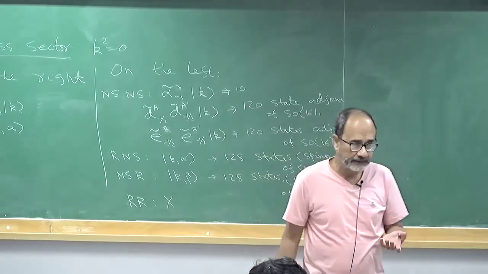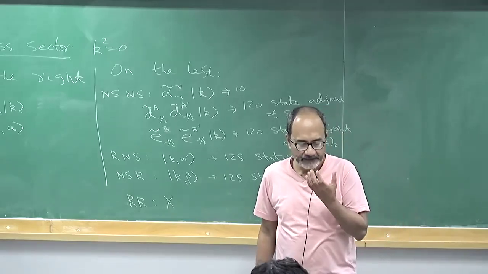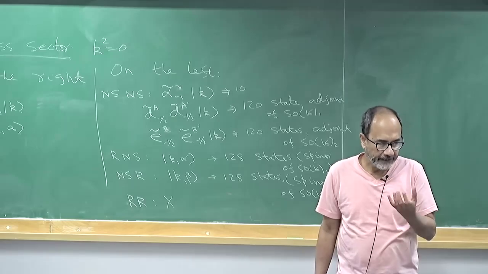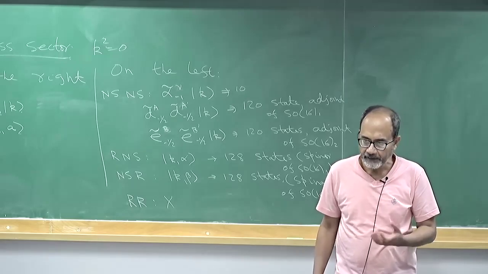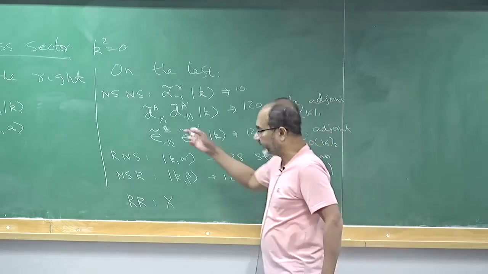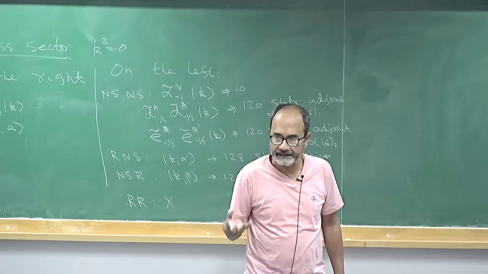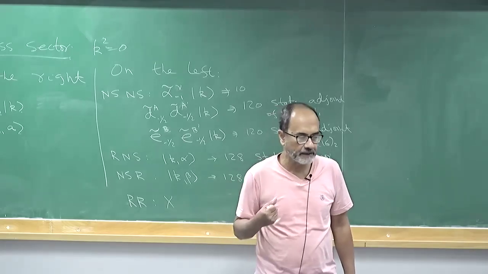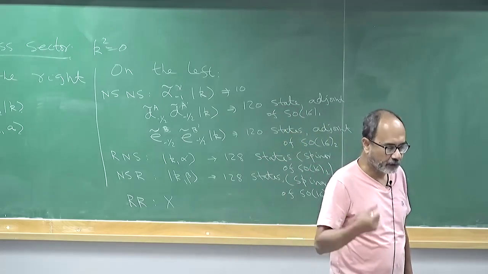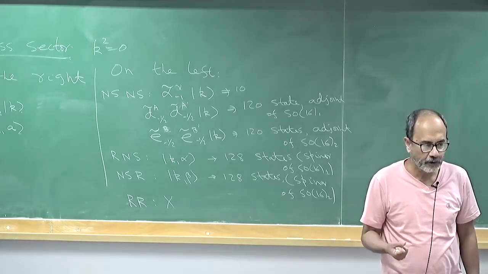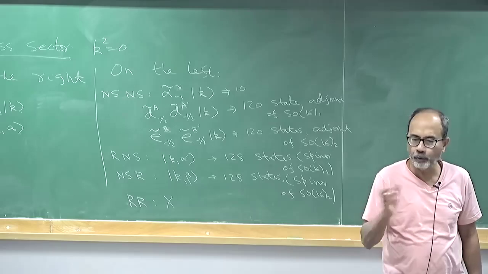The difference is that in the case of the SO(32) heterotic string, you have adjoint of SO(32) vector fields and adjoint of SO(32) spinor fields. Those are the gauge multiplets. In the case of E8 cross E8, you have adjoint of E8 cross E8 vector fields and adjoint of E8 cross E8 spinor fields. Only the group gets replaced.